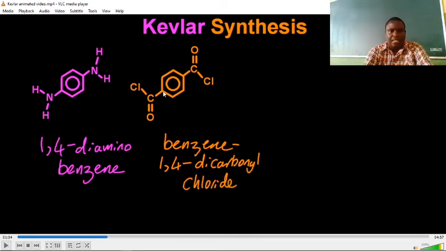Remember, this is another form of expressing the structure of benzene. Remember, this is a formula of benzene. We can represent it by showing the 2 double bonds, but we can also represent it in this way. So this is another way of presenting benzene.